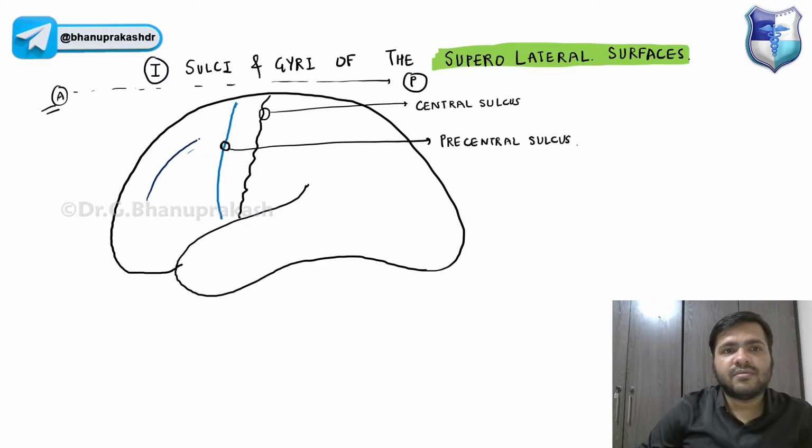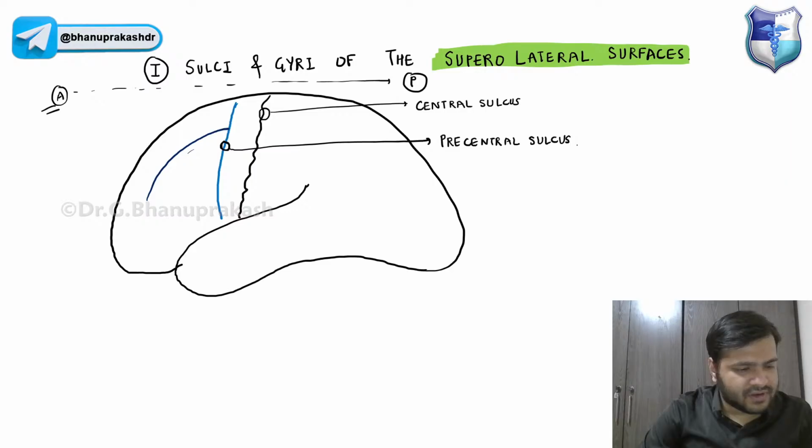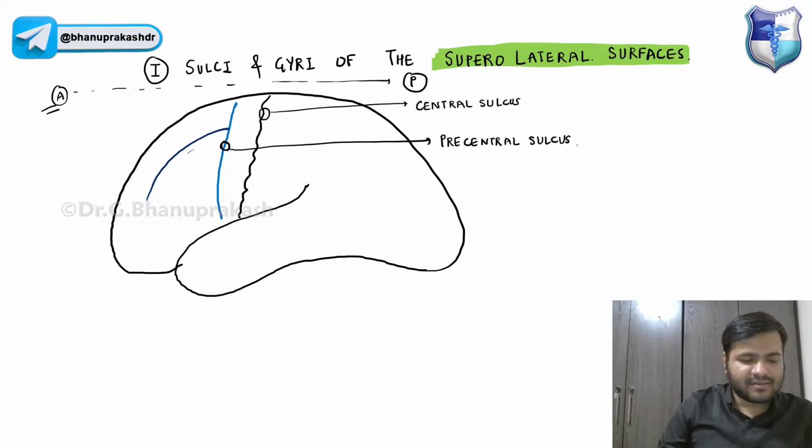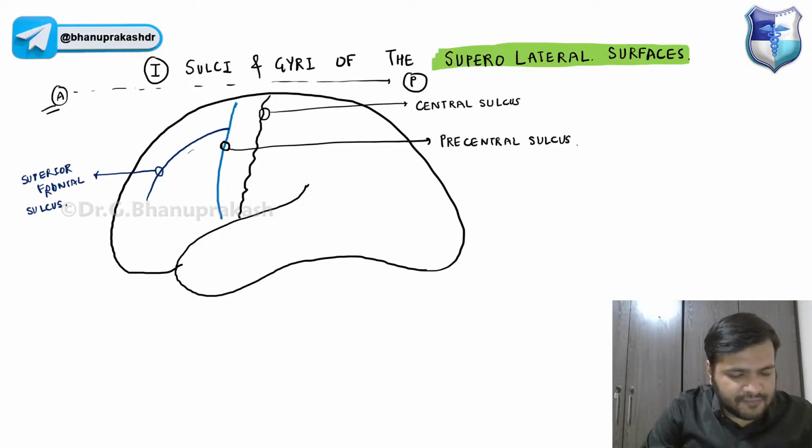So this is the other sulcus that you can see over here, and that is called the superior frontal sulcus. Please try to mark this. It is the superior frontal sulcus, right?